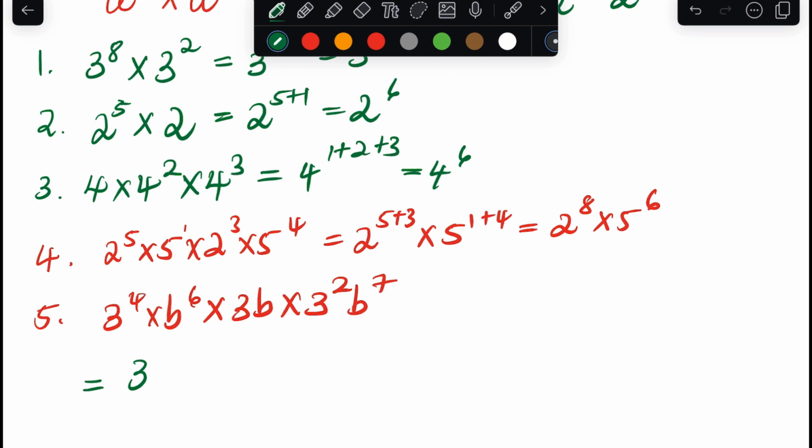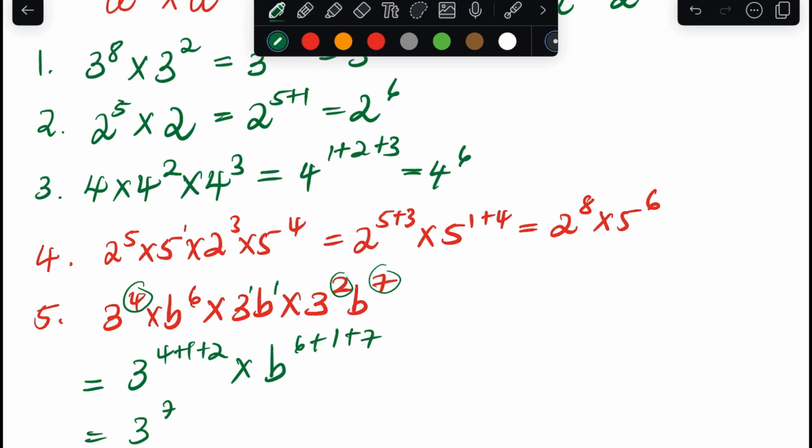It's going to be 3 to the power 4 plus 1 plus 2, and then we multiply by b to the power 6 plus 1 plus 7. I hope that makes sense. So it's going to be 3 to the power 7 times b to the power 14. I hope that makes sense, guys. That's law one.